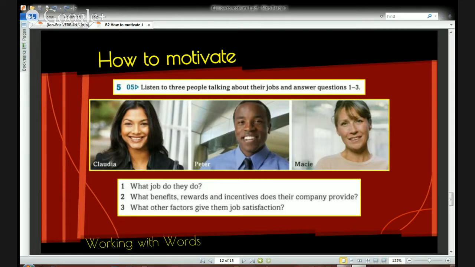And she gets on-time bonuses. That's right. And the management thanks her personally for her effort, so it's good for her. Okay, sounds good. And she can get reduced fares on the airline.